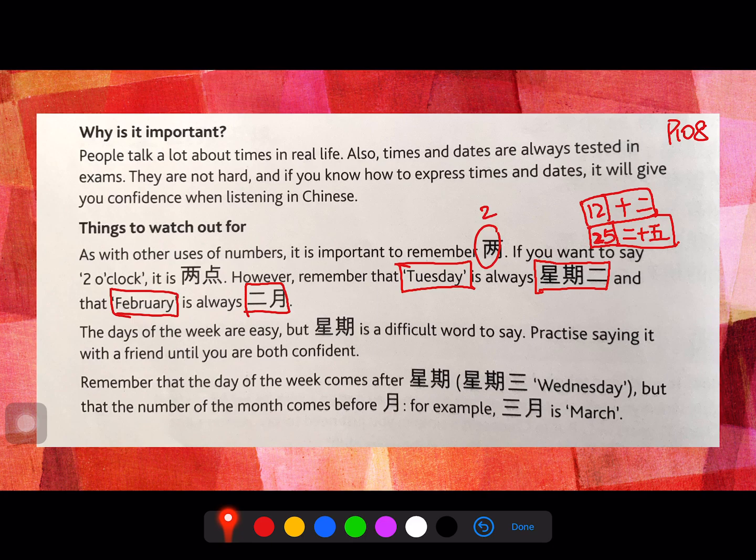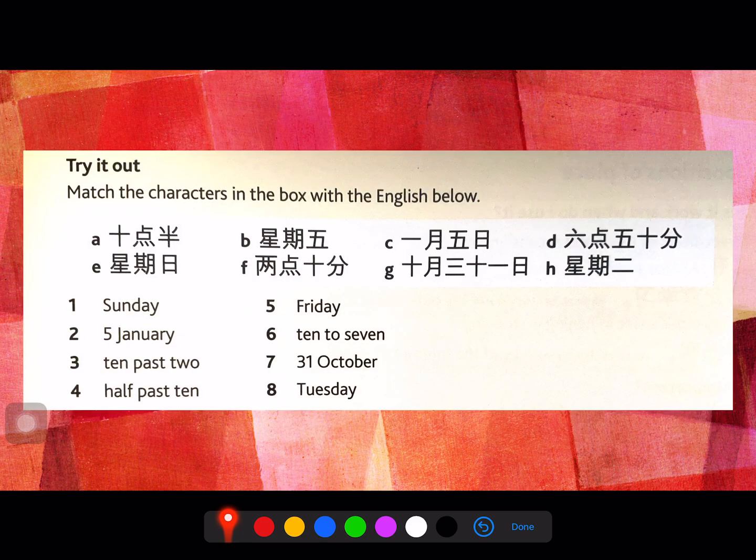Next point. We need to try it out. Match the characters in the box with the English below. So for example, Sunday, you just match the characters for Sunday. Okay, you can do the exercise in your book now. 现在写。好，现在对答案。Now let's check the answers.